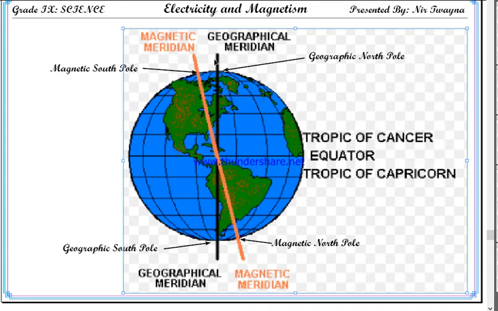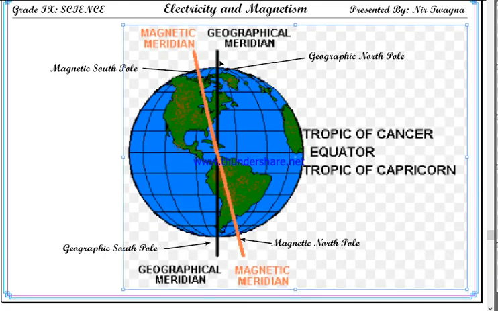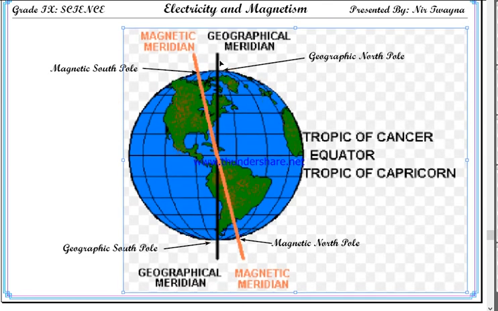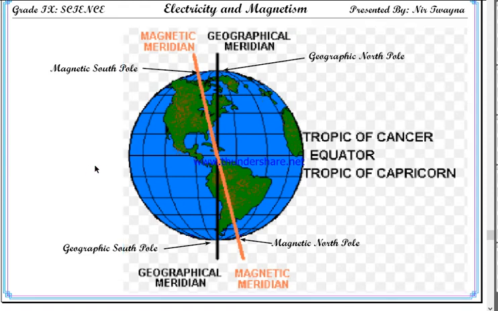So the imaginary line that joins the geographic poles of earth is called geographic meridian, which is represented by black line here. And the imaginary line which joins magnetic poles of earth is called magnetic meridian, which is represented by red line.